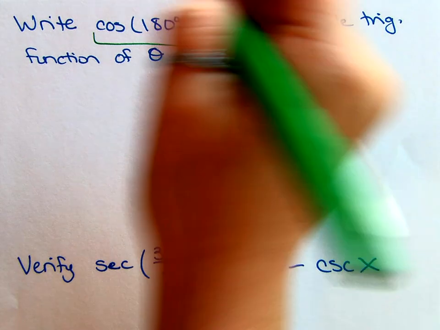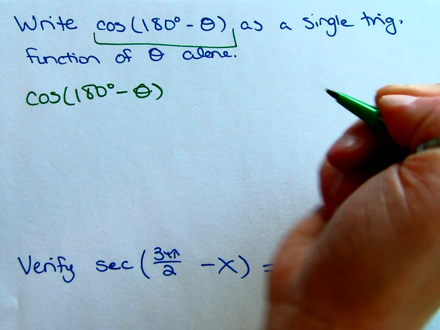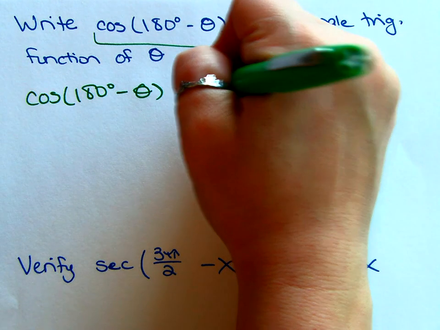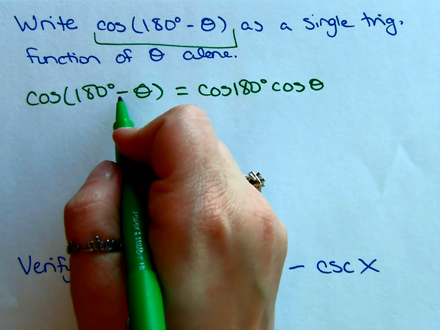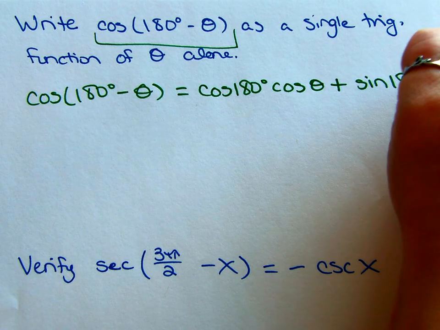I'm just rewriting it. Using our identity, we know that this is cosine of 180 degrees cosine of theta. Since it was a difference, we have a plus over here, sine of 180 sine of theta.